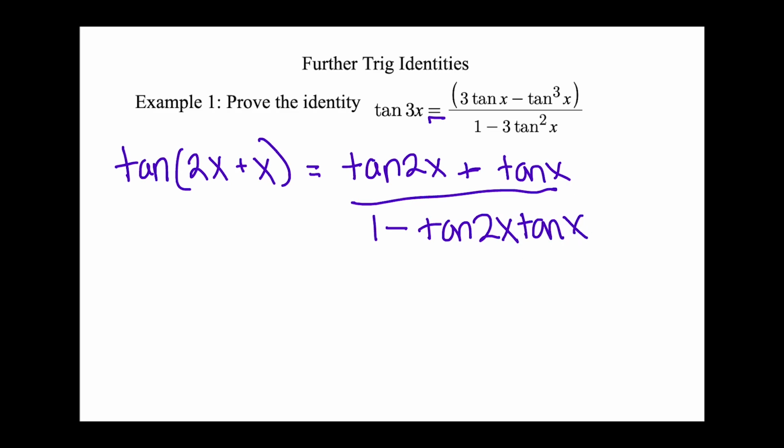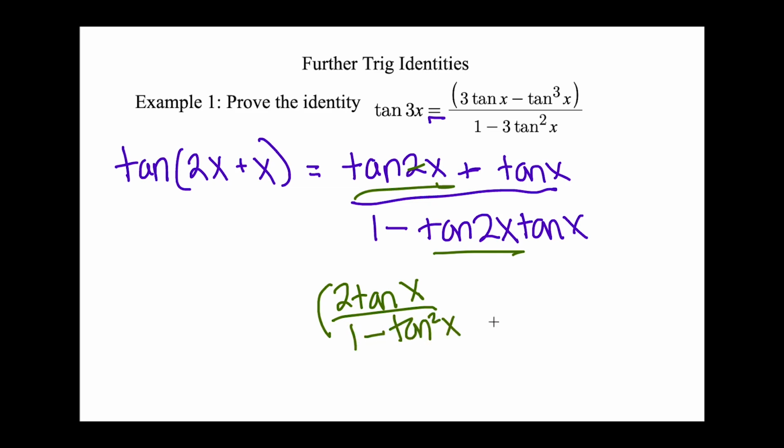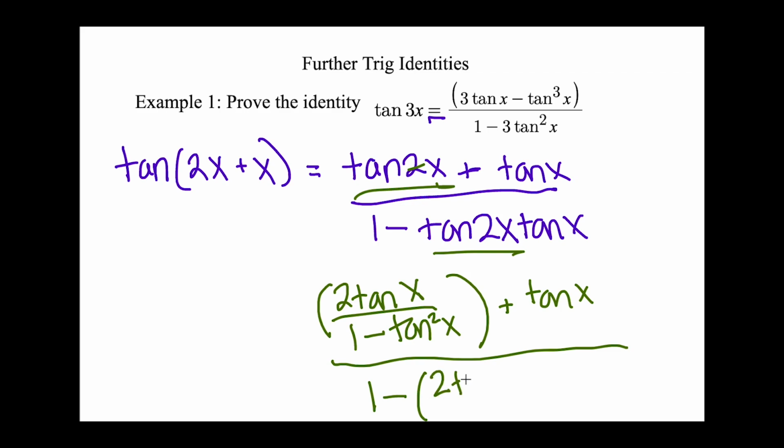The next step is to replace any of these tan 2x's with the double angle formula: 2 tan x over 1 minus tan squared x, plus tan x, over 1 minus 2 tan x over 1 minus tan squared x times tan x.